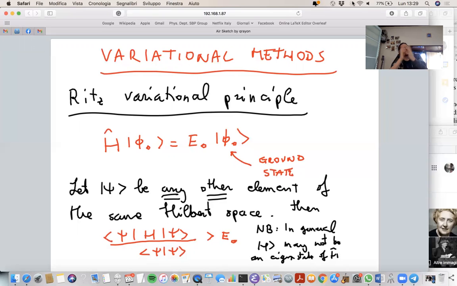Stated differently, if I have my system in the state psi, and psi is not an eigenstate of the Hamiltonian, if I perform the measurements many times, I will get different results every time. So what the expectation value gives me for a state psi that is not an eigenstate of the Hamiltonian is just the average value of the energy in that state. And this average will always be greater than the exact ground state energy of the Hamiltonian. Well, that's the statement.